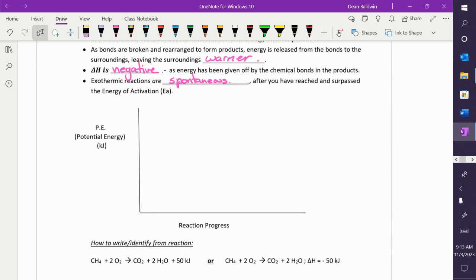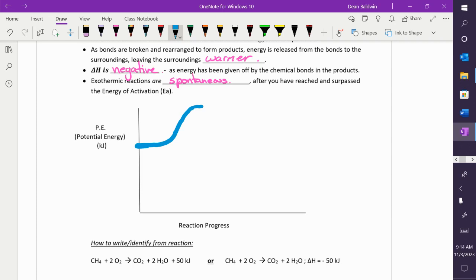Okay, so exothermic reaction. We start here with our reactants. You have to add in energy, so there's the activation. You get to the peak, and then we start to form bonds and release energy.